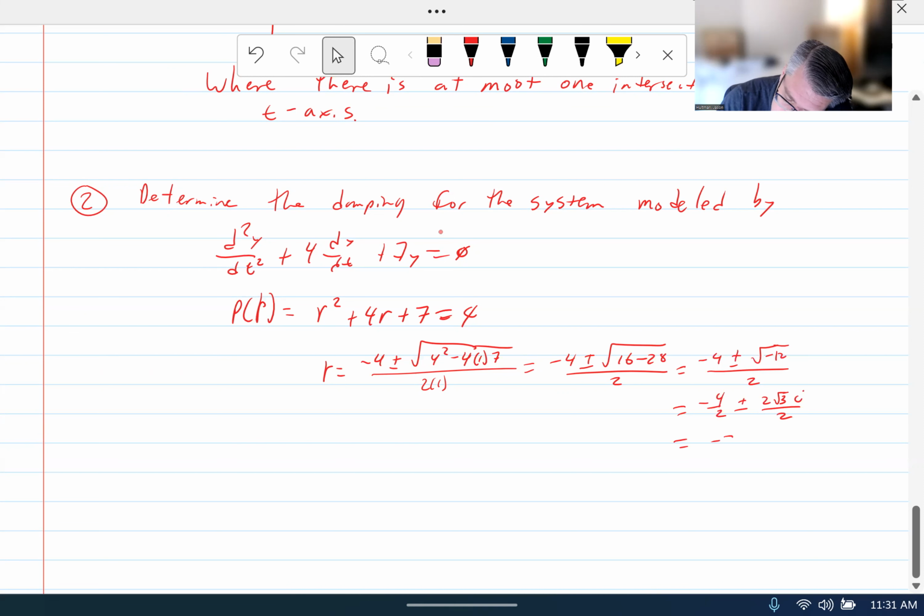So that becomes negative 2 plus or minus radical 3 i. Thus, r has 2 complex roots.